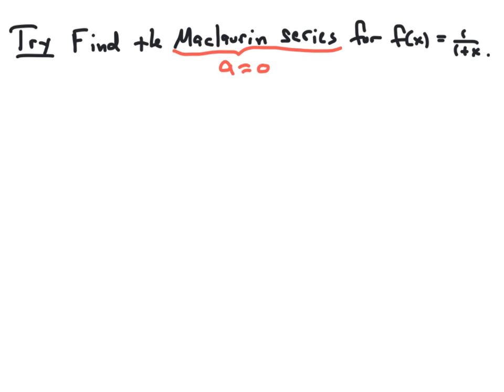And so you can do this problem exactly the same way as the previous example by finding the first several derivatives, evaluating them at 0 in this case instead of 1, and then using that value to find the coefficients. Once you have a list of coefficients, you should see a pattern, and from that you can derive a formula for the general coefficient c sub n, and then write down the Maclaurin series for the function. You can resume the video in a few seconds to see the full solution.